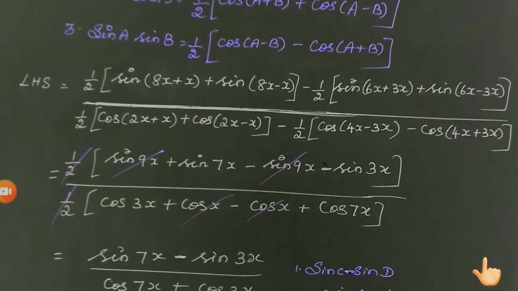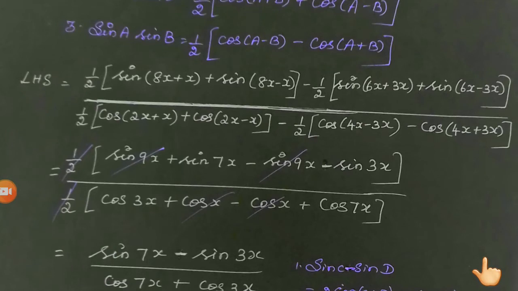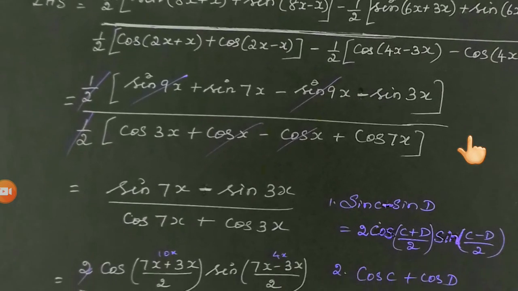Just applying the identities is enough, and the answer will come out smoothly. Now let us simplify what we got. Half is common in both terms, so take it outside. 8x plus x is 9x, so sin 9x, and 8x minus x is 7x, so minus sin 7x. Then 6x plus 3x is 9x, so minus sin 9x, and minus into plus is minus, sin of (6x minus 3x) is minus sin 3x.